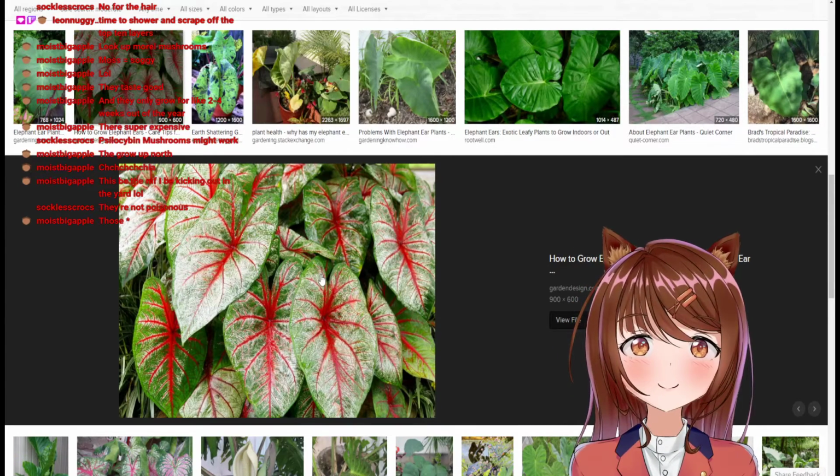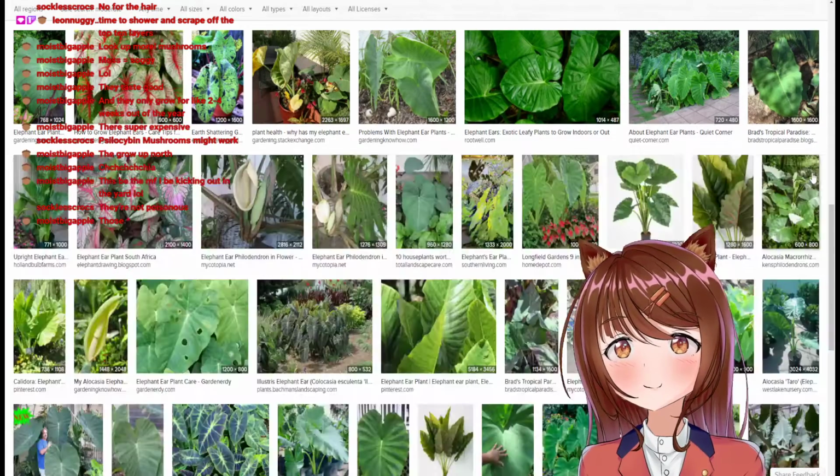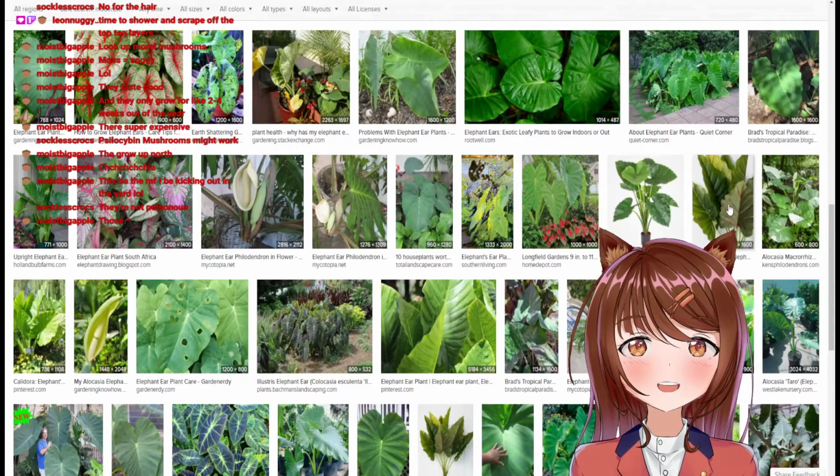Bro, you should do that with clothes too. Like have a full-on mushroom shirt, mycelium shirt. Bro, that'd be dope.